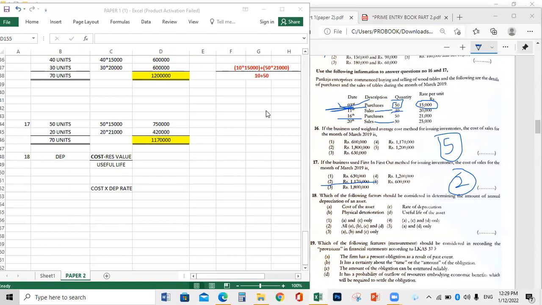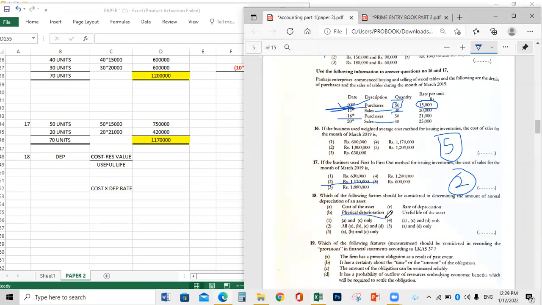That's why we say depreciation is a systematic allocation of depreciable amount over its useful life. So when you're calculating the depreciation, do you ever check the physical deterioration? No, you just take the cost minus residual value divided by the useful life. You get what I'm saying? That's how you do.